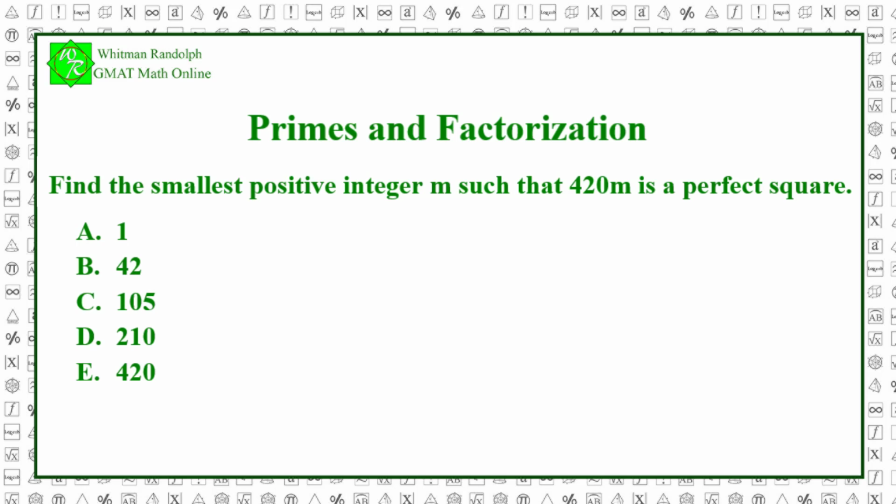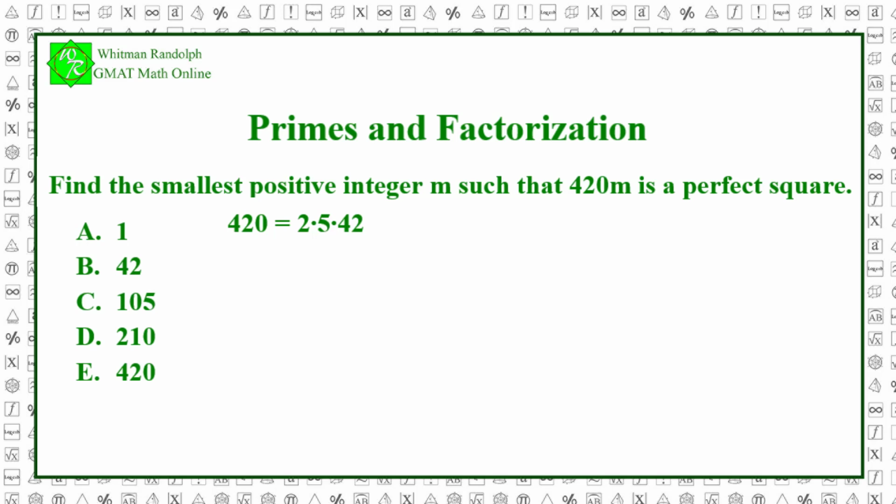Let's find the solution. First, we obtain the prime factorization of 420. Since it ends in 0, we know that it's a multiple of 10, and 10 equals 2 times 5. So here's the first part of its prime factorization. 420 equals 2 times 5 times 42.